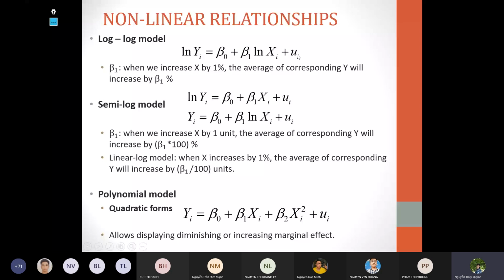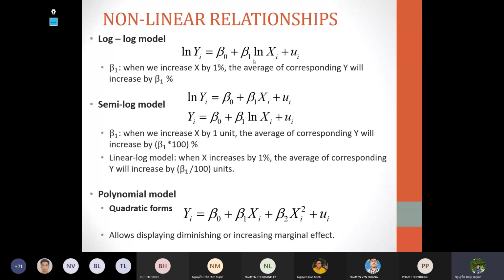In this case, beta 1 is the slope, and it tells us that when the natural log of x increases by 1 unit, the natural log of y will increase by beta 1 unit on average.